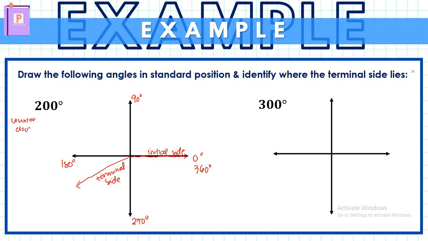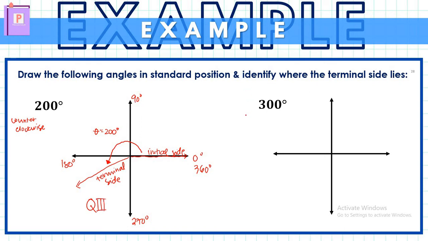That's why the movement in drawing the terminal side is counterclockwise. Starting from the initial side, again, to highlight, use arrowheads pointing to the terminal side of our estimate drawing. And we can label this one as theta equals 200 degrees. And now it's very obvious where the terminal side of 200 degrees lies, and that is here on quadrant 3.